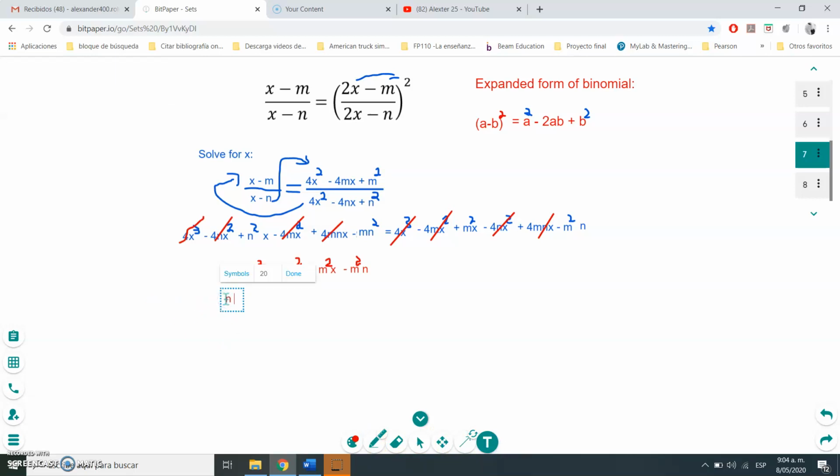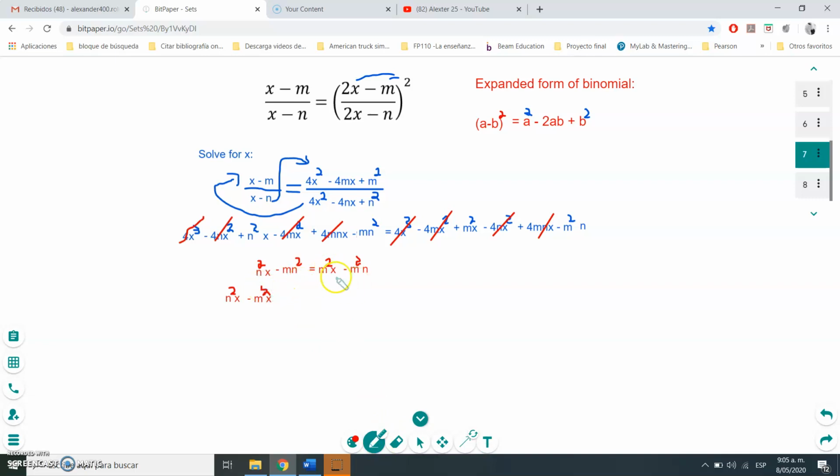All right, n²x, that will be the same numbers. Okay, so n²x, and this term will come to the other side by negative. All right, so it will be minus m²x. Okay, because these are the terms that contain the variable x.